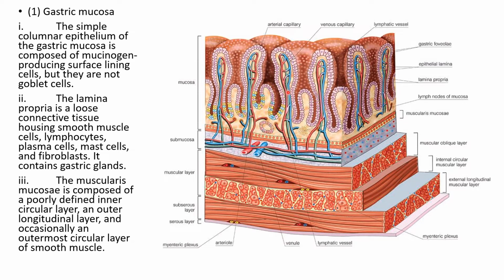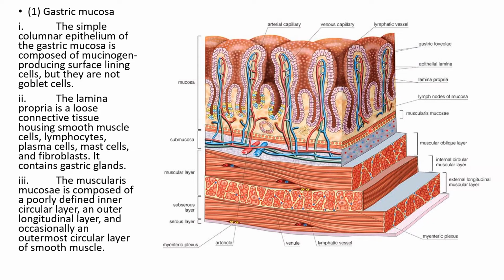At the junction between the mucosa and submucosa, we can see a simple layer of muscles, called muscularis mucosae or muscularis interna. This is not so conspicuous as the other muscularis layer.